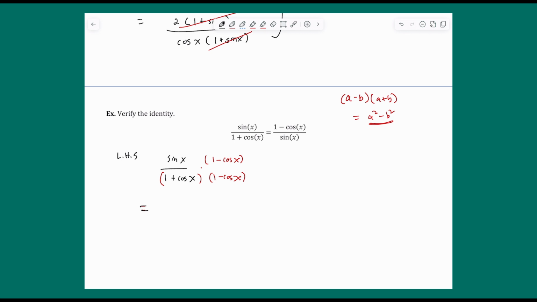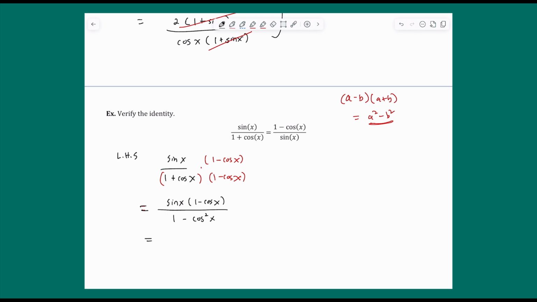We have sine of x times 1 minus cosine of x. And then on the bottom here, we would have 1 times 1, and then 1 times negative cosine of x, and then another 1 times cosine of x, and those terms would cancel out, leaving us with minus cosine squared of x.